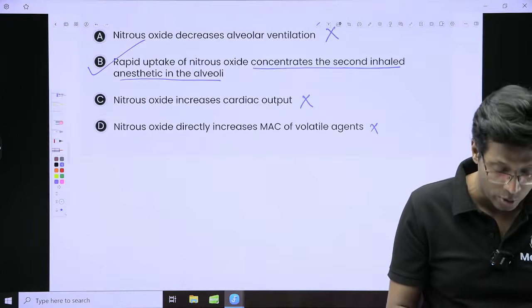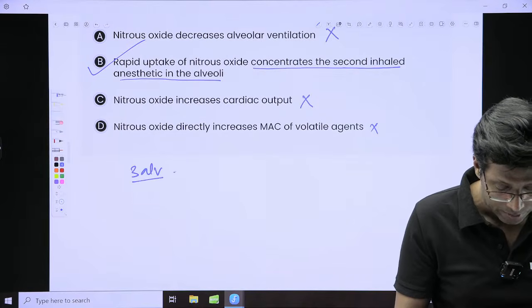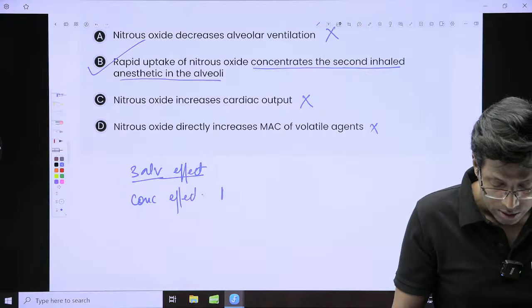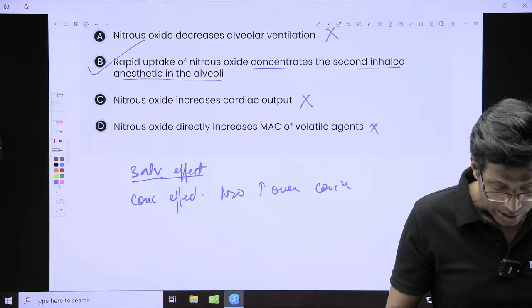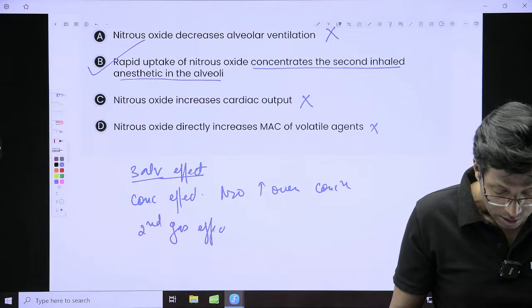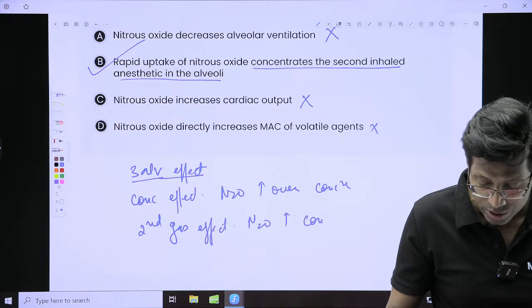Correct? That's the meaning. So nitrous oxide has got those three effects. If you remember, diffusion hypoxia. So there are three alveolar effects of nitrous oxide. One is concentration effect, which is nitrous oxide increases its own concentration. Second is the second gas effect, where nitrous oxide increases concentration of co-administered gas.